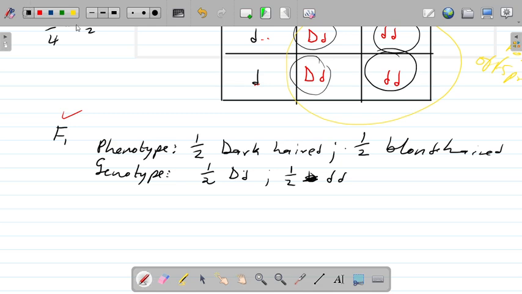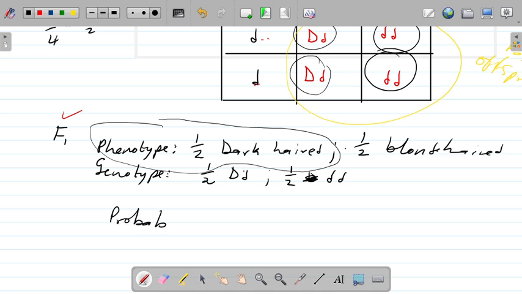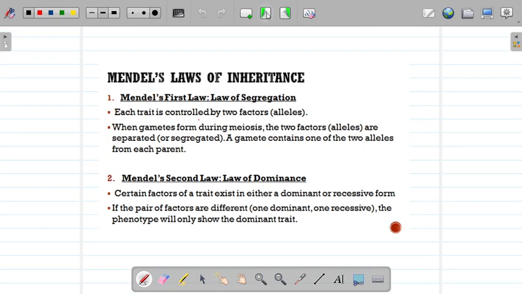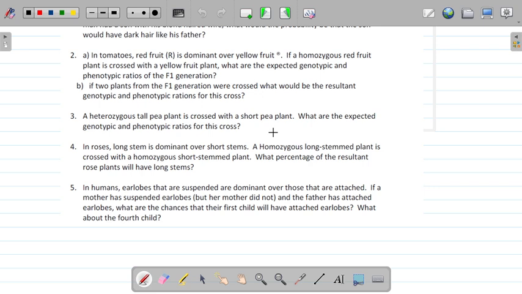Dark hair is a phenotype, so the probability for dark hair in the son is 1 over 2. That is your probability. That is how to solve those types of questions.